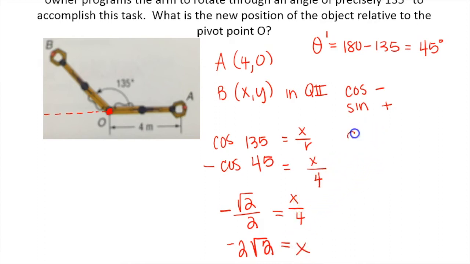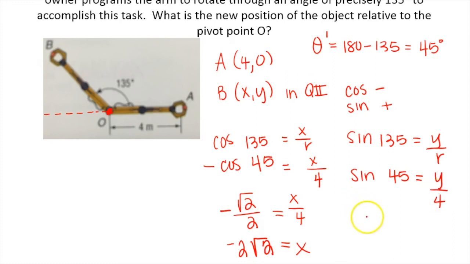So now, I'm going to go back up here. Sine of 135 is equal to y over r. We know that the sine of 45 from earlier is equal to y over 4. Sine of 45 is also square root of 2 over 2.